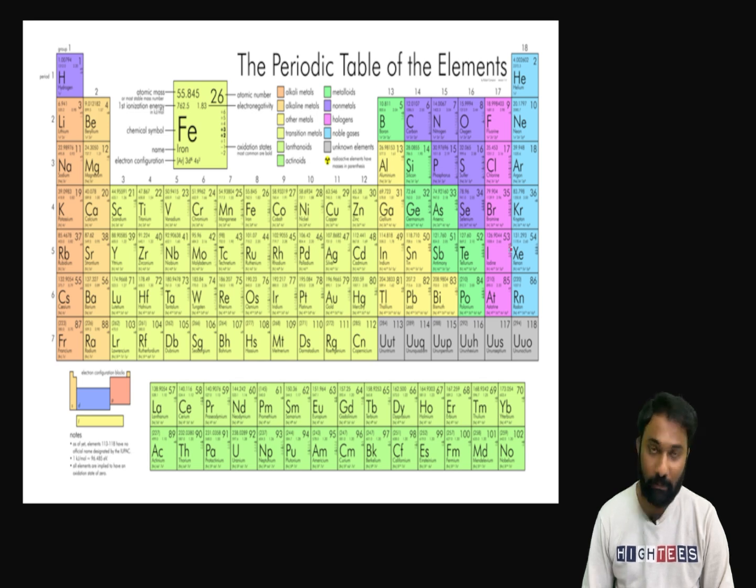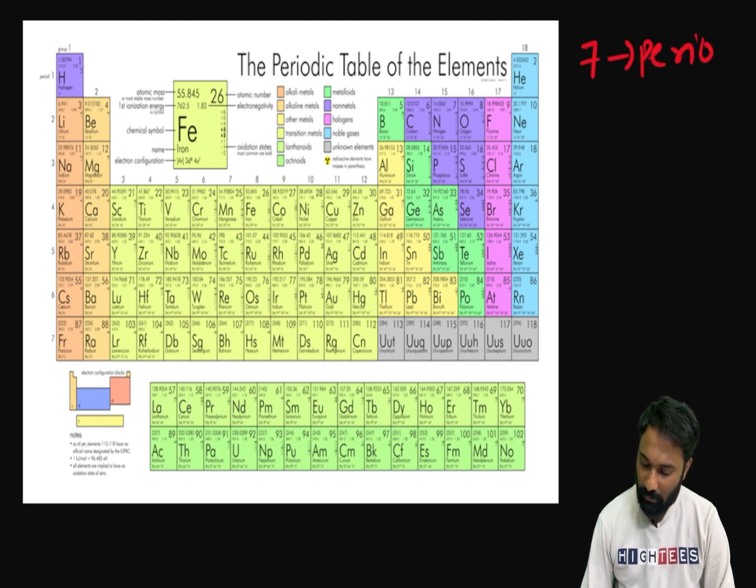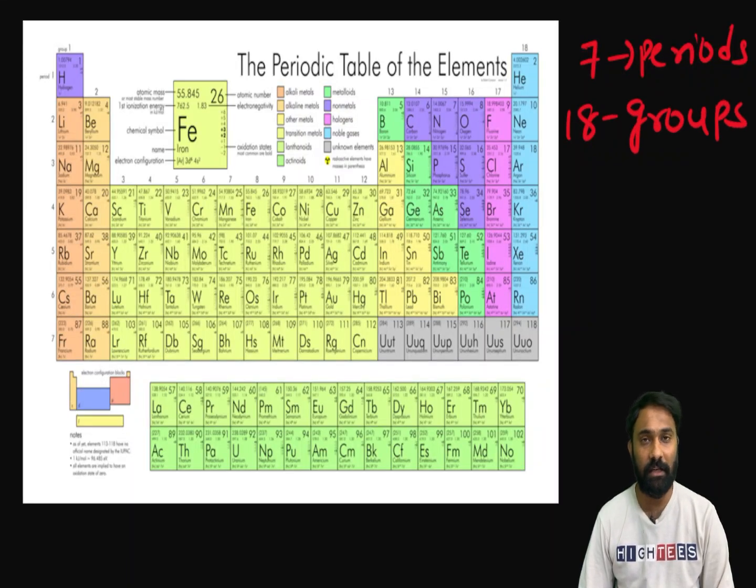Now, in our periodic table, how many elements do we have? 118. These elements have been divided into 7 periods: first, second, third, fourth, fifth, sixth, seventh. And groups 1, 2, 3, up to 18. Total 7 periods and 18 groups.